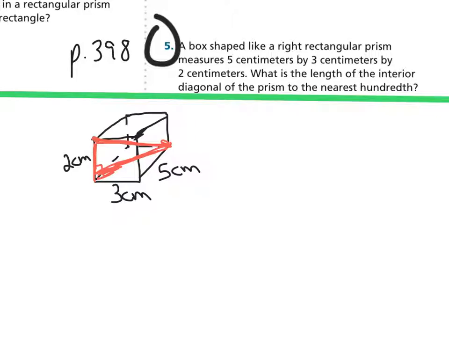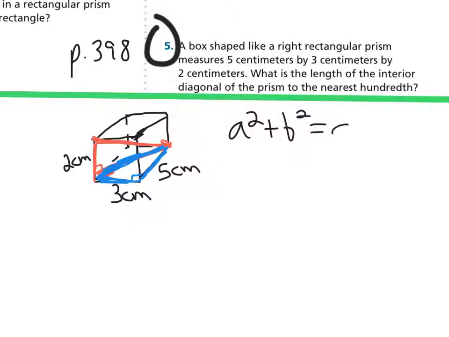We only know the 2 centimeters. In order to use the Pythagorean theorem, we have to know 2 out of the 3 sides. What we can do, I'm just going to color code this to make it easier to follow, is find this blue line by the fact that this blue triangle on the bottom face is a right triangle.